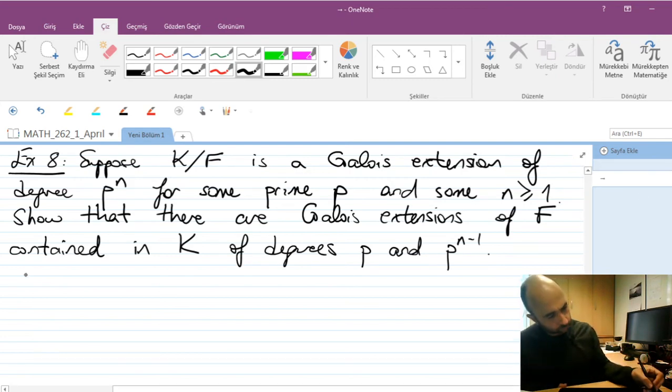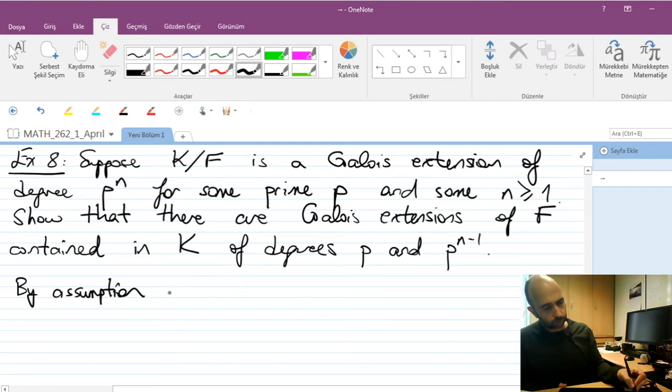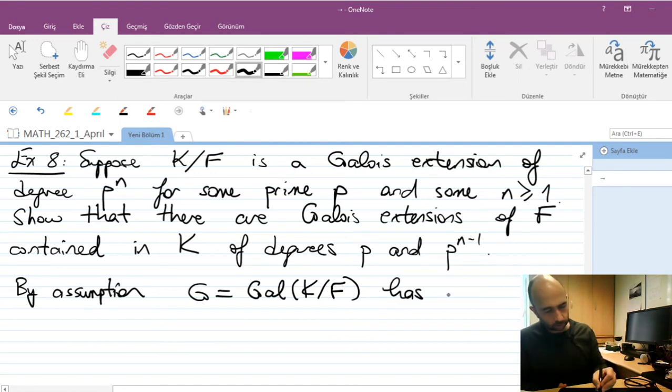So, by assumption, the Galois group of K over F has order equal to the degree of the extension, which is equal to p to the n. So it's a p-group. It's a finite p-group.